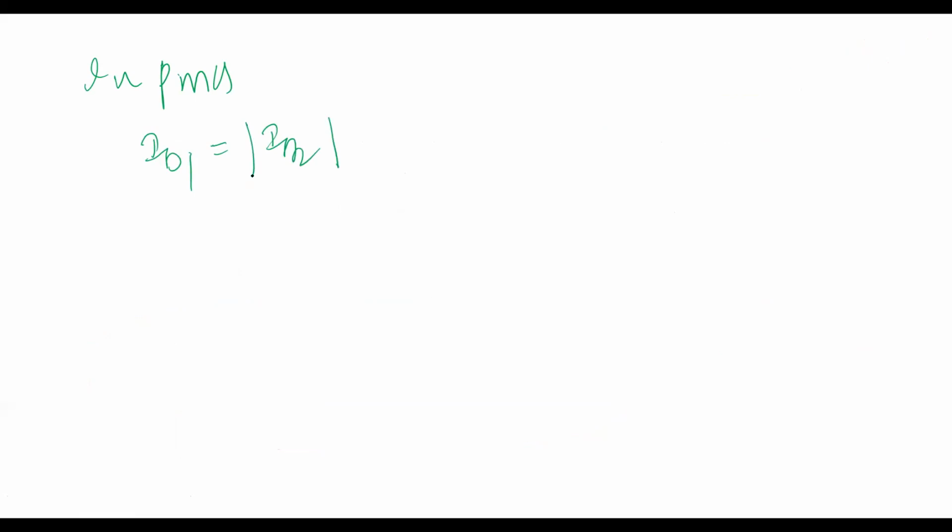You already know the diode current equation: for NMOS the current equation is positive, for PMOS it is negative. So I took the mod here. What is the ID1 formula? mu n COX W by L, VGS1 minus VTH1, whole square.